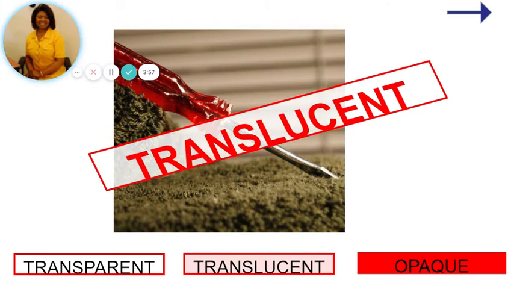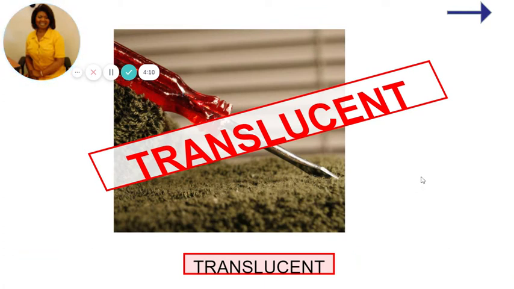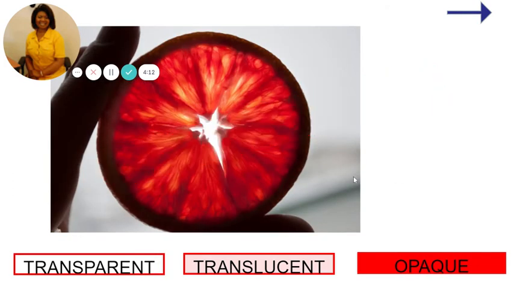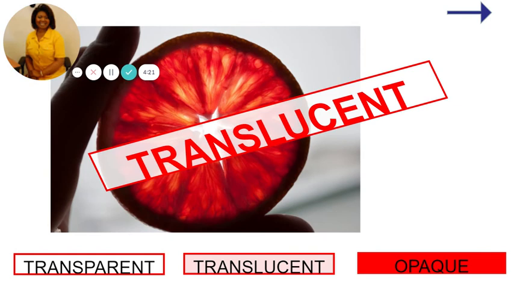We already saw this one, so let's discuss why it is translucent. The screwdriver right here, this part of the screwdriver, it allows some of the light to come through, so it is translucent. All right, this is an orange cut, and we already saw that it is translucent.